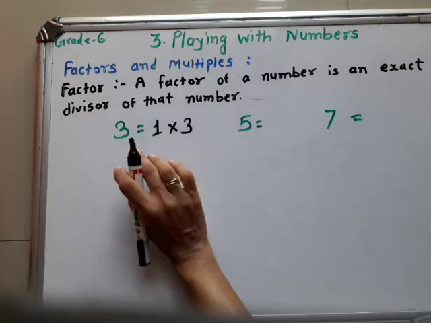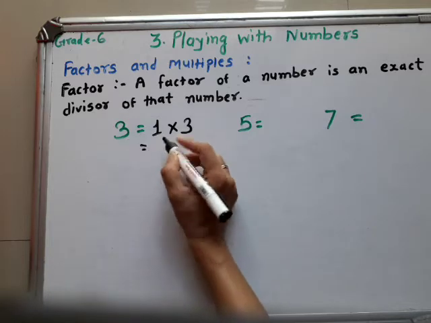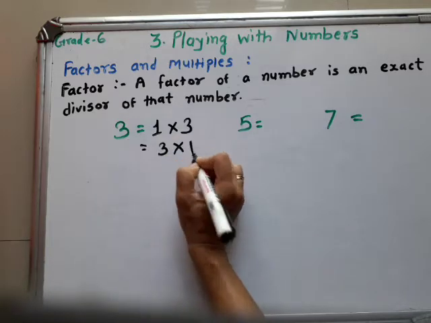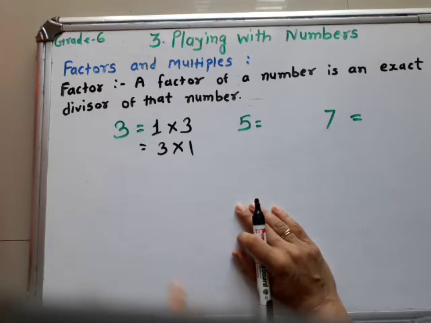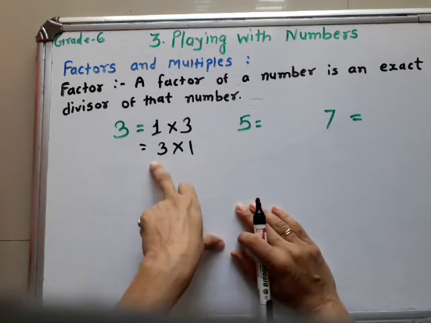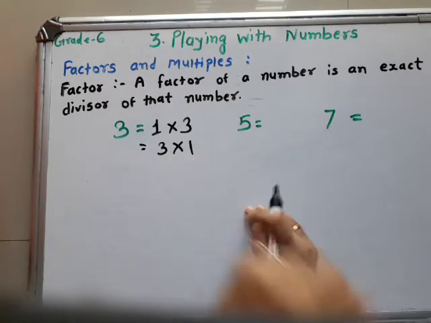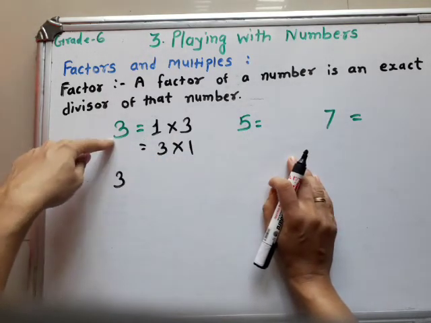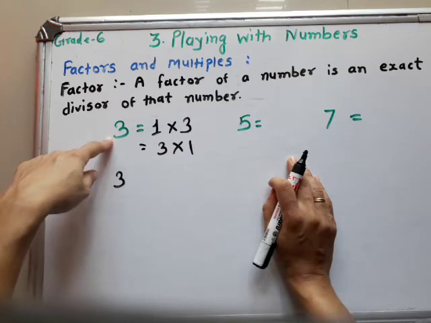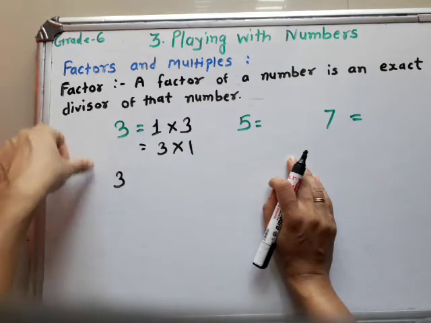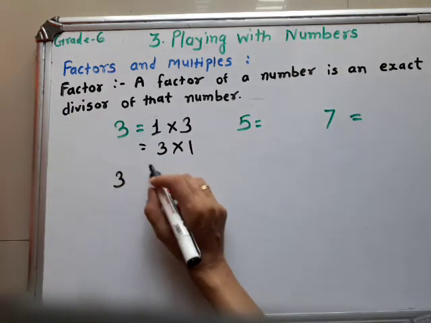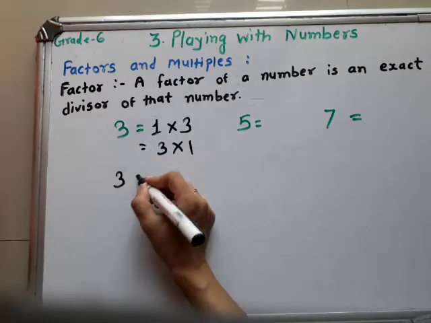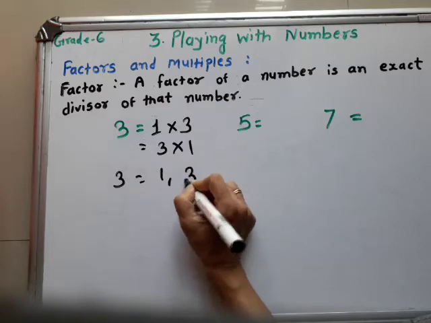Then table divided by 3. 3 ones are 3. Okay, so here we get the number 3 ones. After that the greater numbers are 4, 5, 6. So 3 is the greatest factor. Okay, so every number is a factor of itself. So here we get the 2 factors, 1 and 3.